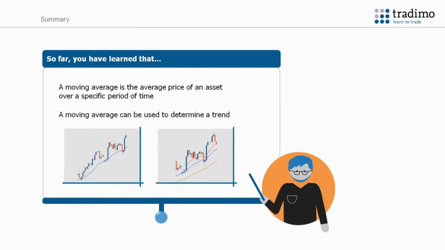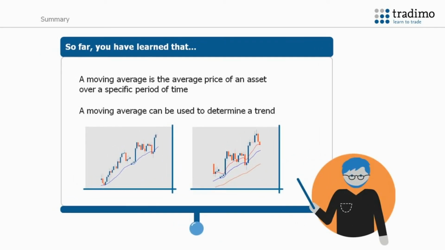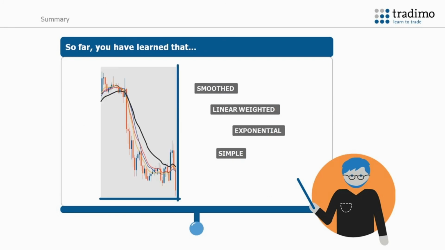So far, you have learned that a moving average is the average price of an asset over a specific period of time. A moving average can be used to determine the trend as well as gauge how strong the trend is. There are 4 different types of moving averages, each calculated slightly differently.